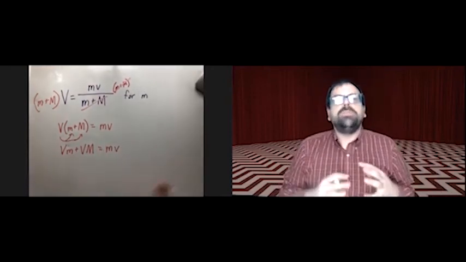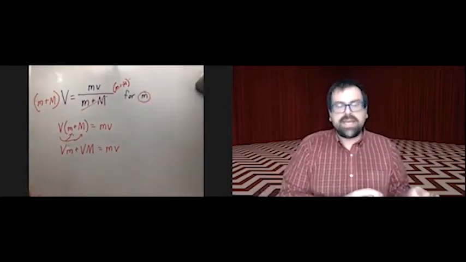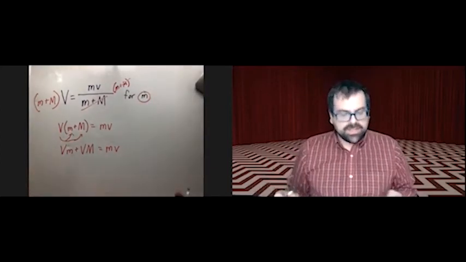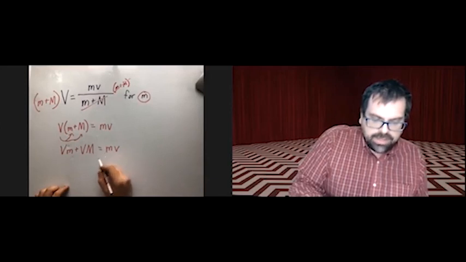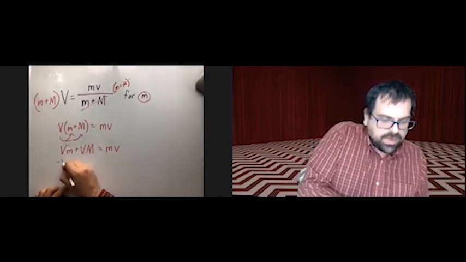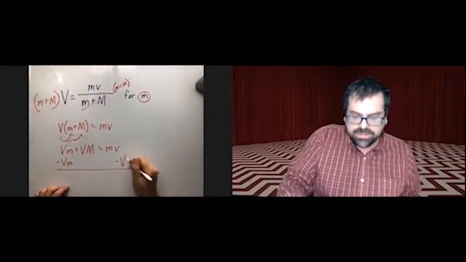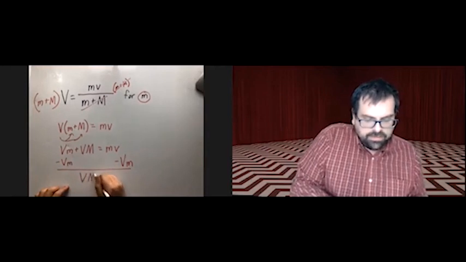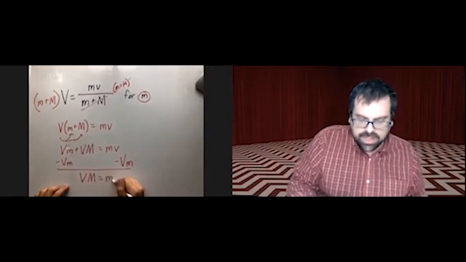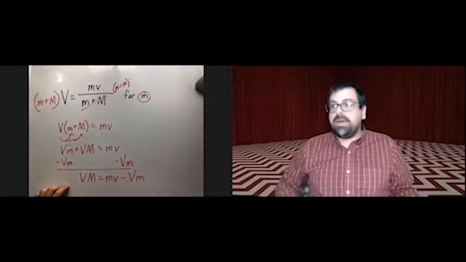Now we're going to move terms around so that everything with a little m is on one side, everything else is on the other. I'm going to go ahead and subtract big V little m from both sides. I'll get big V big M equals little m little v minus big V little m.